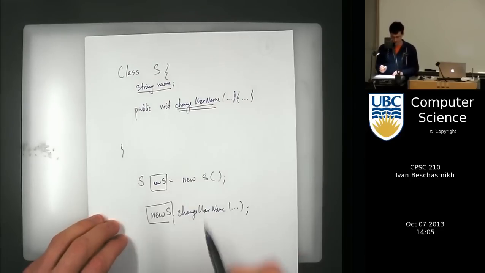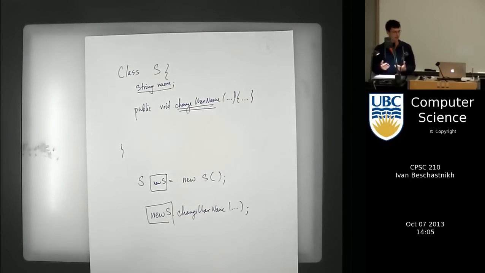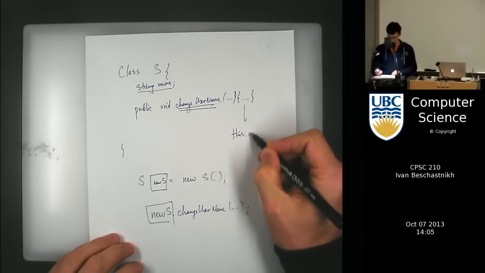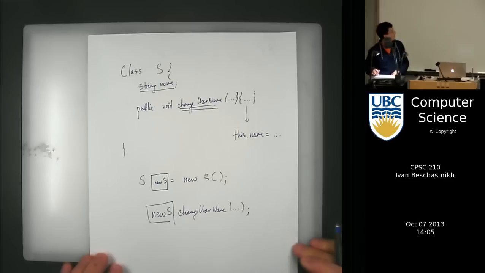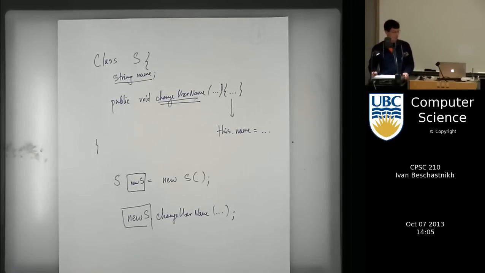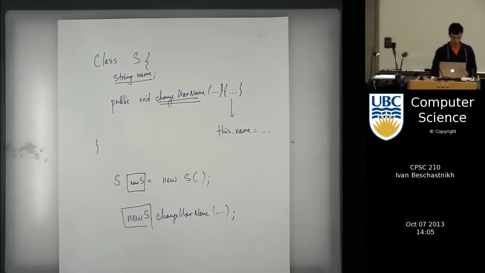To change name inside of this method, it would appear as this.name equals something else. But in the code, it says user.setName(newName). So it's changing a parameter, not the object that was used to invoke. It's not operating on that.